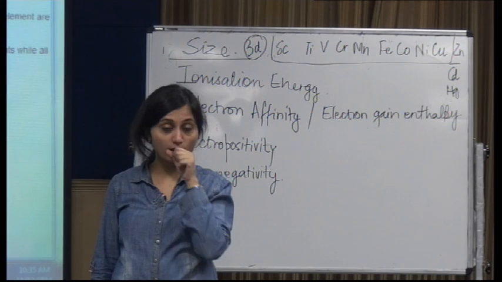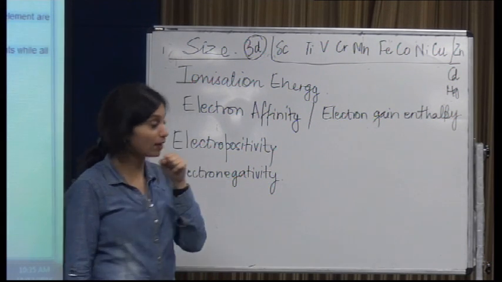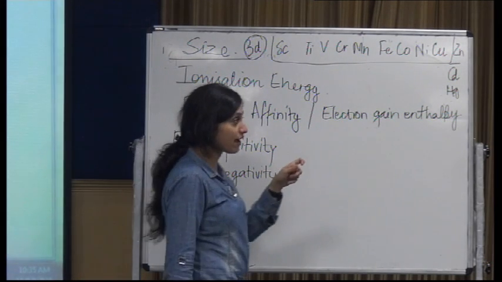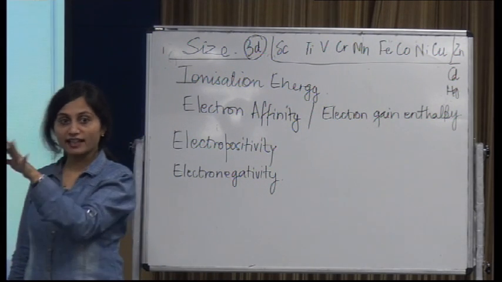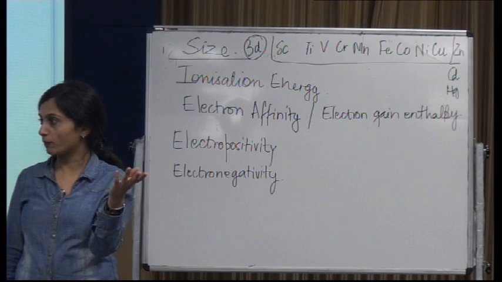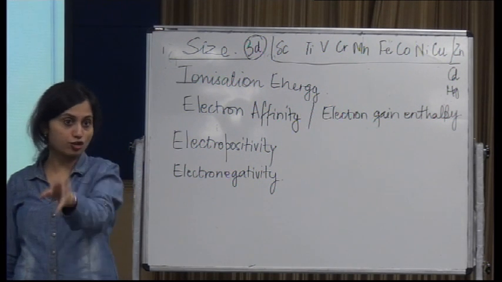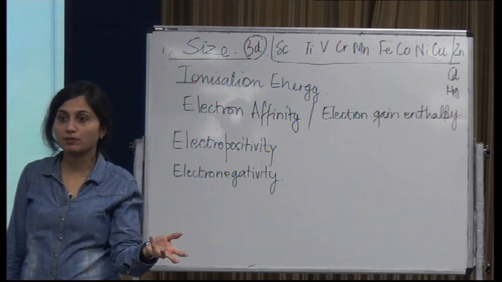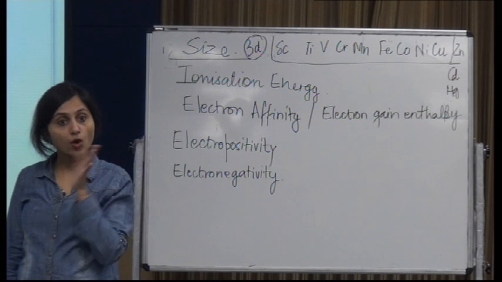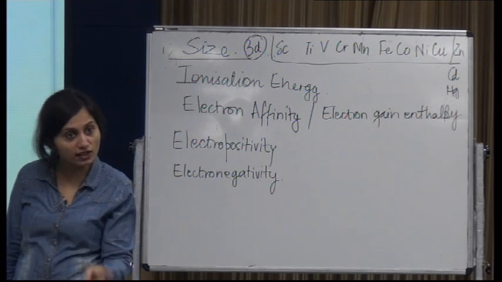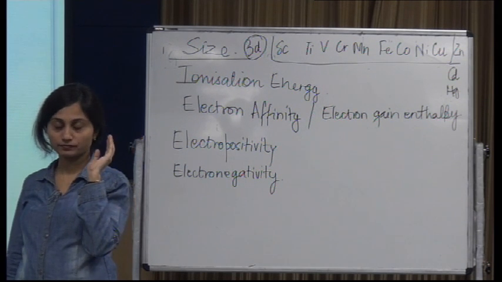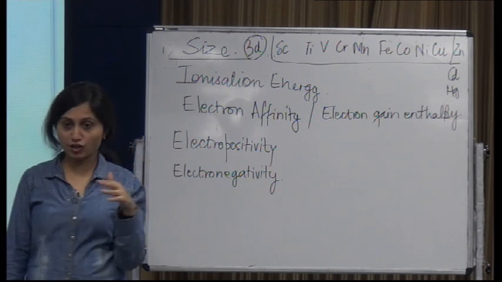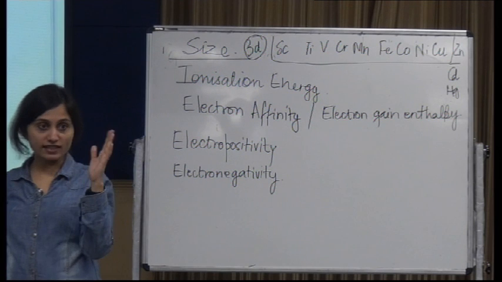When we talk about similarity, it was found that, supposedly, the second group element is similar to the first group element. So why is it placed here? It should be picked up and placed along with it because the properties are similar. Let's compare lithium with magnesium.